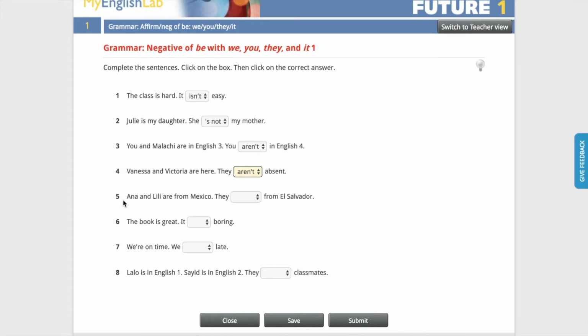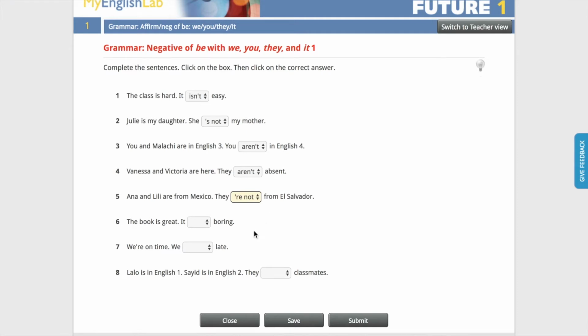Number 5, Anna and Lily are from Mexico. If they're from Mexico, they're not from El Salvador. They're not. Again, Anna and Lily are from Mexico. 2 people. They're not.